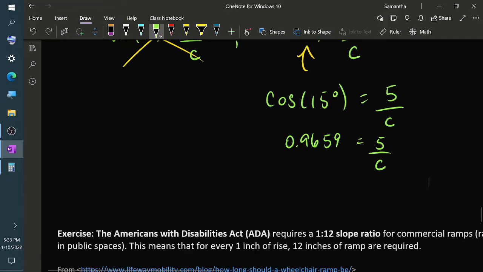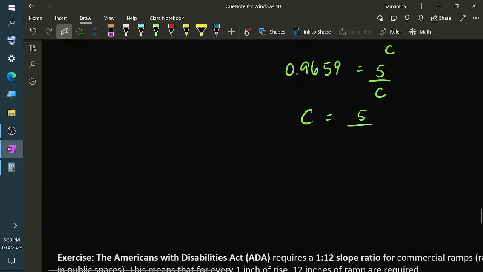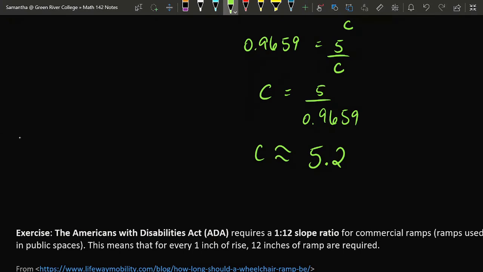So now, to solve this for c, I'm going to clear the fractions and divide. C is equal to the value 5 divided by 0.9659, which according to the calculator is approximately equal to 5.2 units.